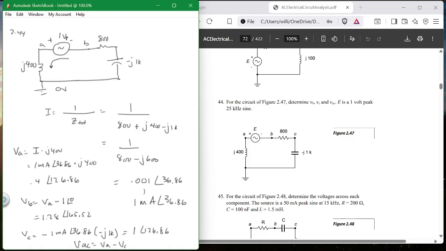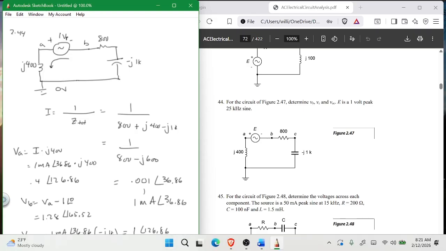So VAC is equal to VA minus VC. So it's 0.4 at angle 126.86 minus 1 at angle 126.86.